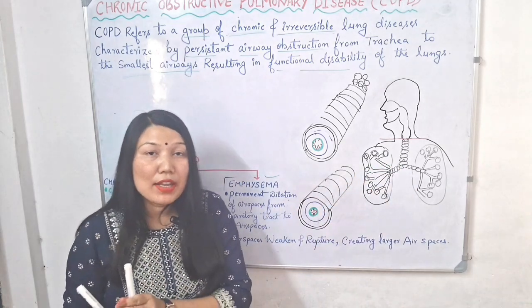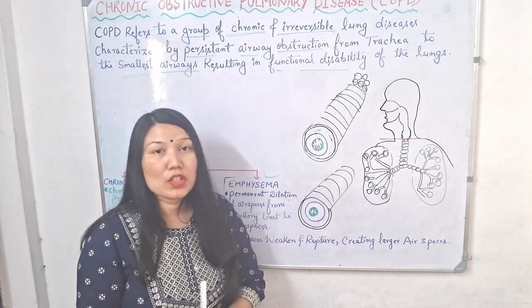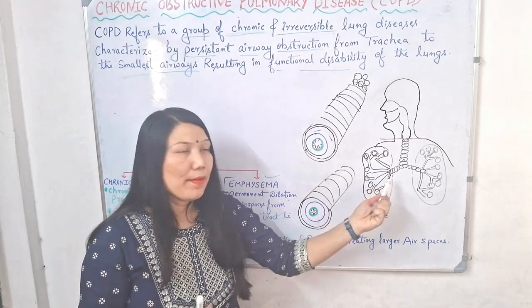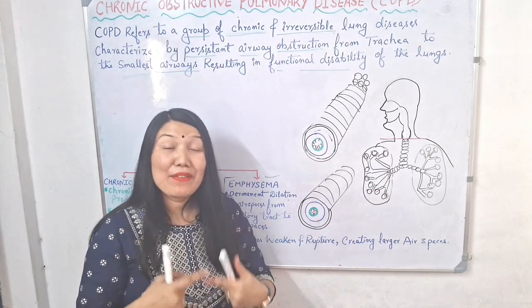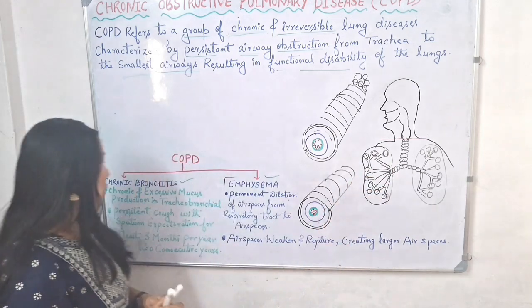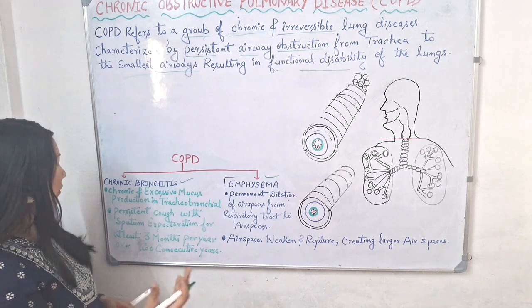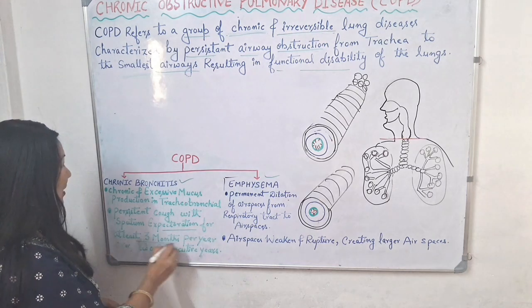If the person has a long-term cough with mucus production in the trachea and the bronchi. A little mucus always remains in our respiratory system, but here there is excessive mucus production in the trachea and the bronchi. Another diagnostic criterion is persistent cough with sputum expectoration for at least 3 months.